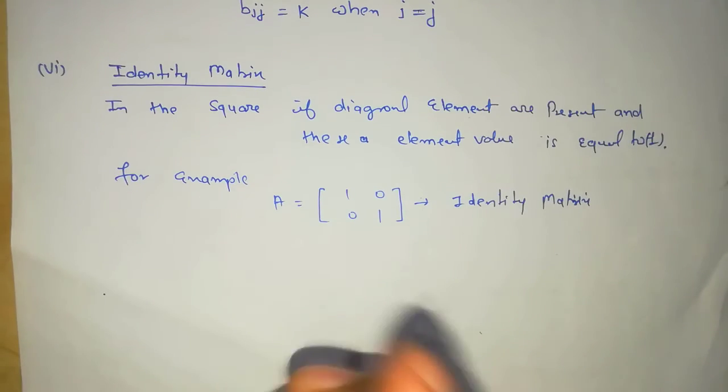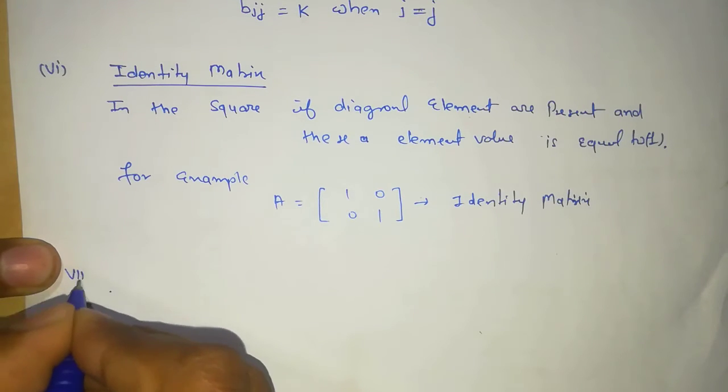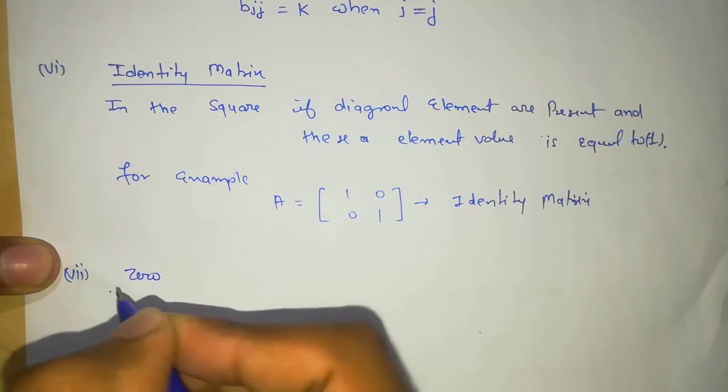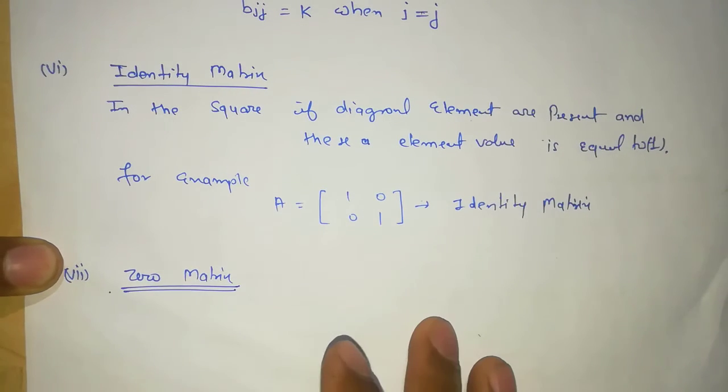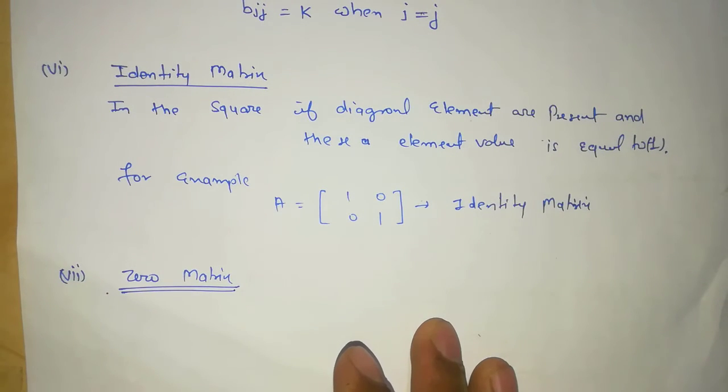The last one is the zero matrix. A matrix is said to be a zero matrix or null matrix if all its elements are 0.